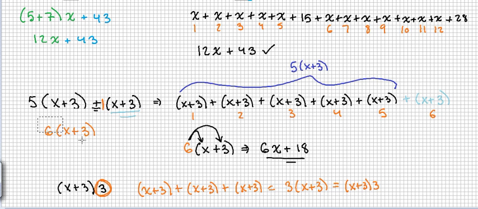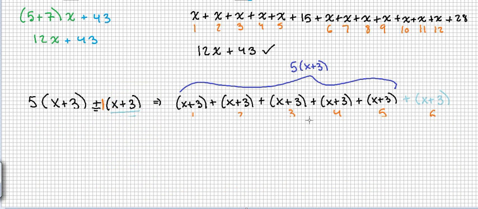Now the last thing I really want to just touch on real quick is what we would have done, and I'm going to keep almost all of this up. What if this was a subtraction sign in between? Well, if we had a subtraction sign in between, what would happen is that we would have this quantity minus that quantity. So what we do is we just subtract the coefficients, because this is going to get rid of one of those.